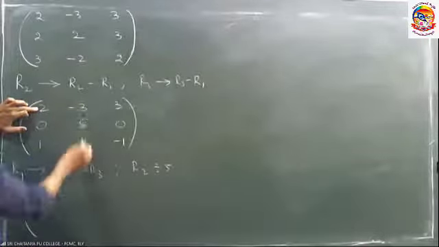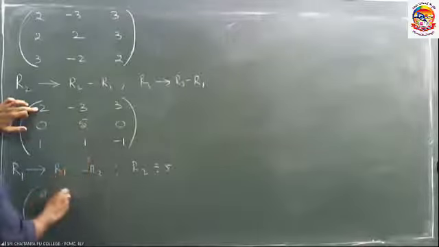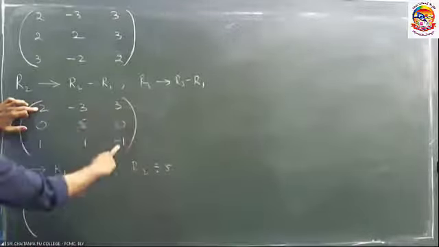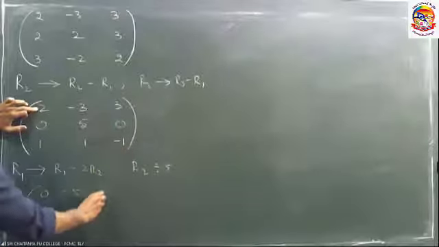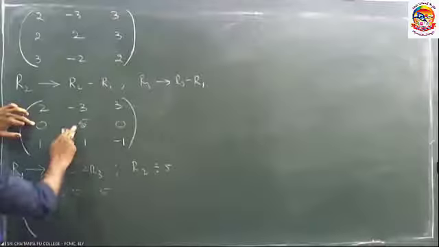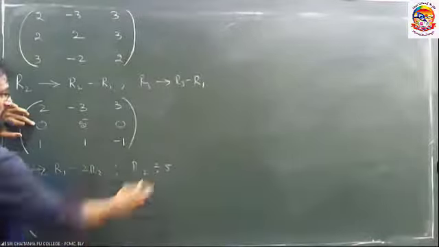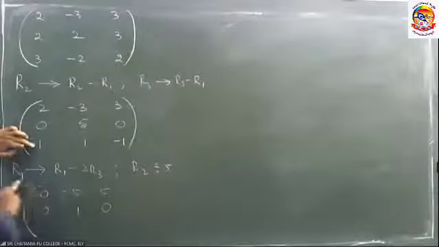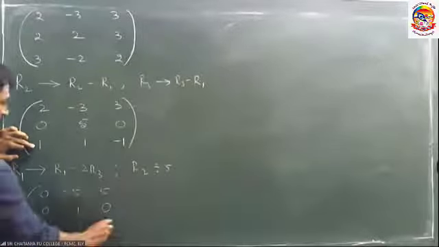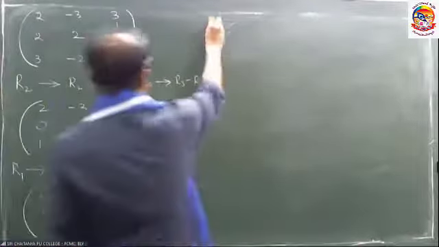Minus 3 minus minus 3 minus 2, minus 5. 3 minus of minus 2 is equal to 5. And here it is 1 and here it is 0. Why? Because R2 is divided by 5, R1 and R2 change, R3 as it is. Right?